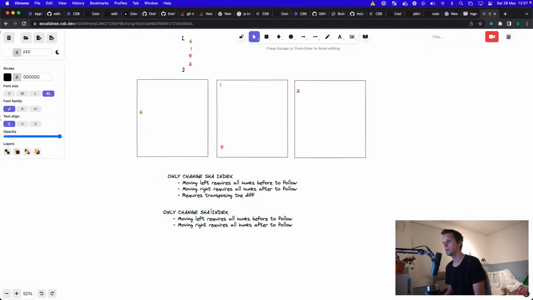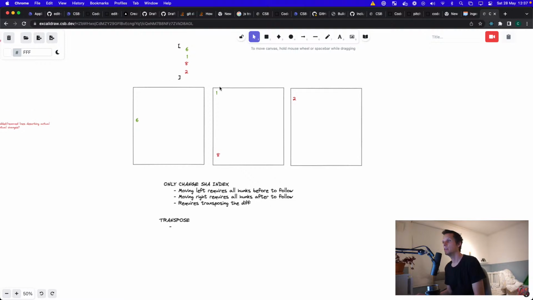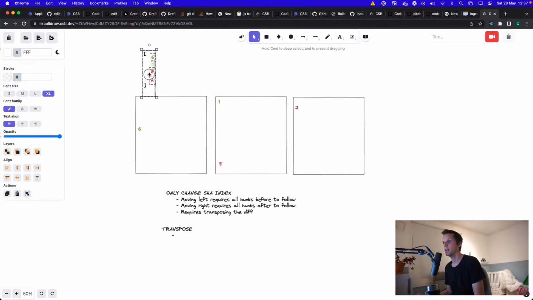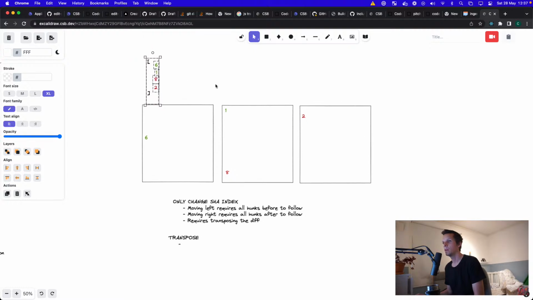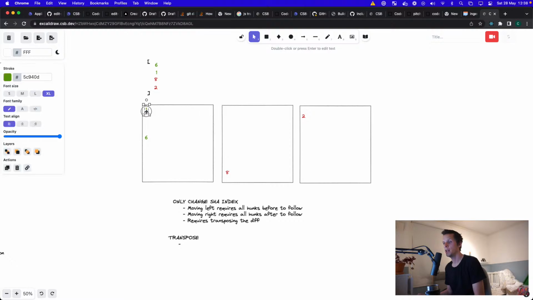So if we do transpose, what happens then? Let's take a look at actually transposing here. What we're going to do is move 1 over here.